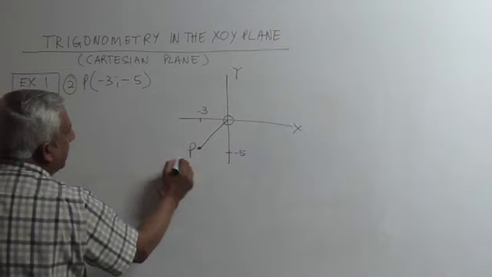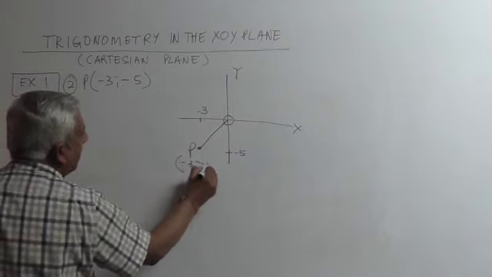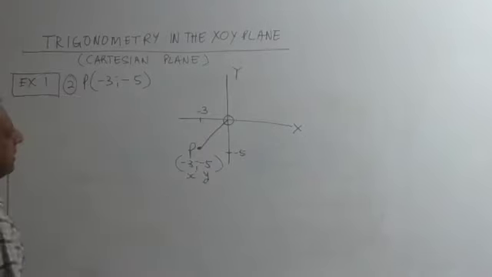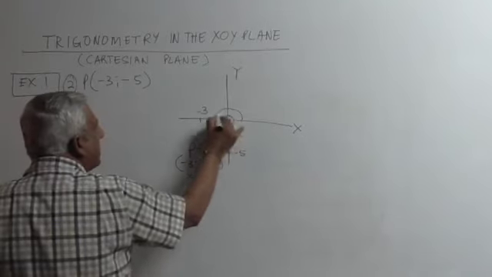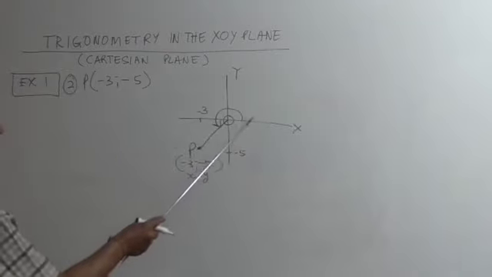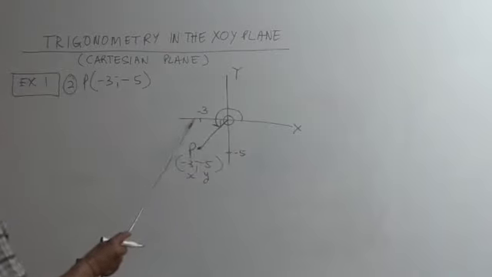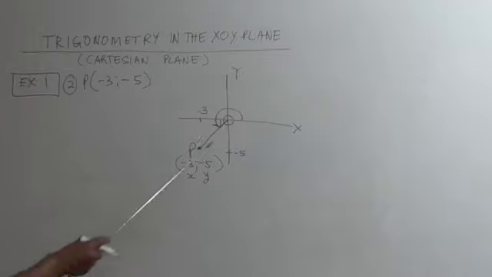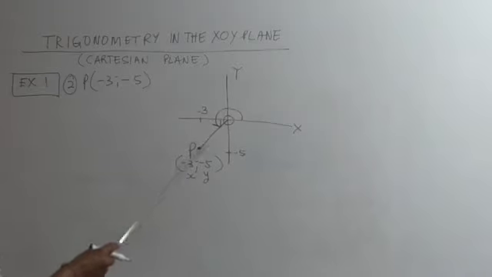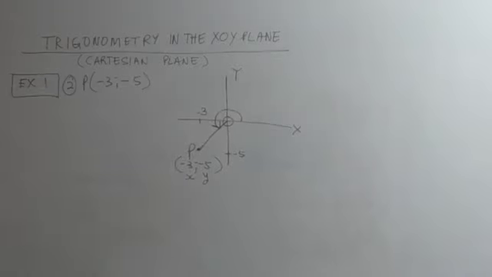That's x, that's y. And the angle this time is from there to there. Remember, in trig, we always move anti-clockwise for positive angles. So this is called a positive angle. Alright, so there's angle POX.